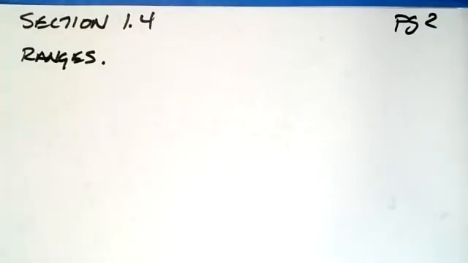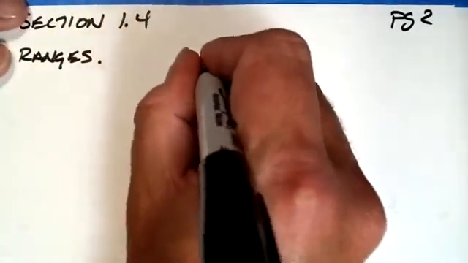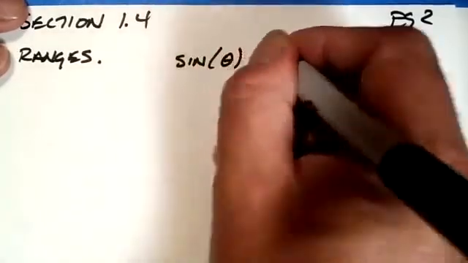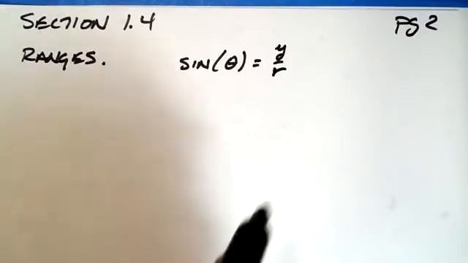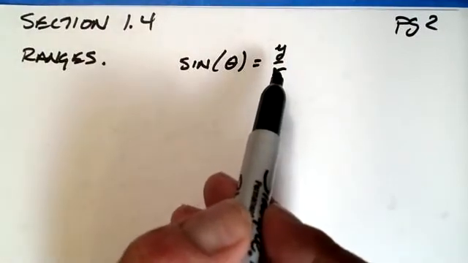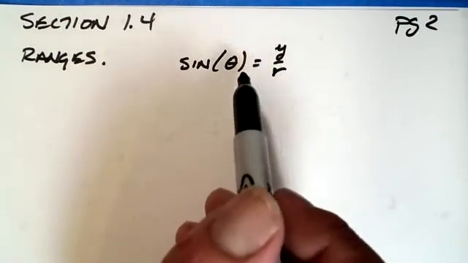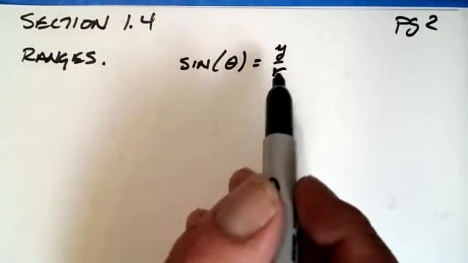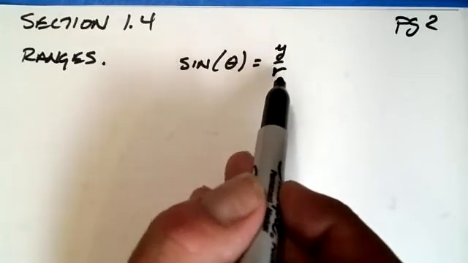So first thing to note, if you look at sine, remember sine of any particular angle is defined as y over r. Now it's important to note that sine can be both positive and negative and 0, and we've seen that with quadrant angles. But it will never be the case that y is actually larger than r.